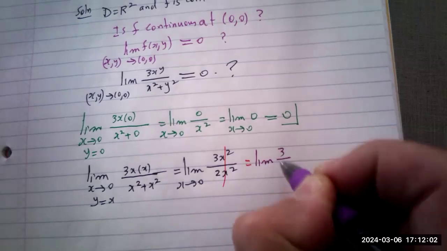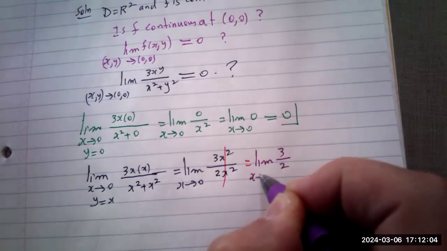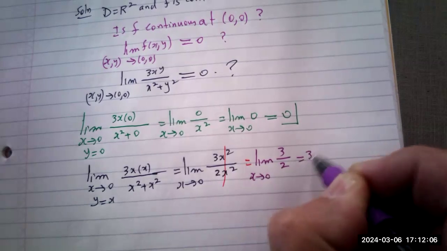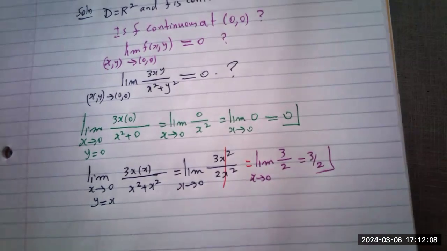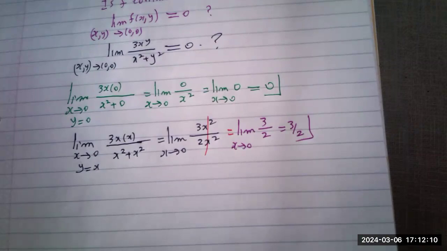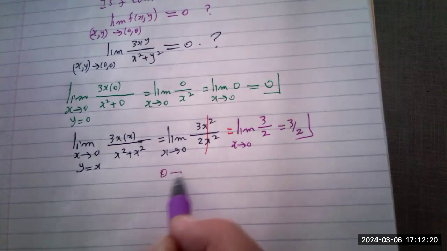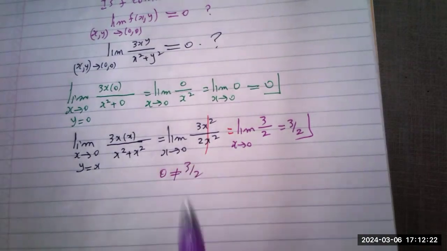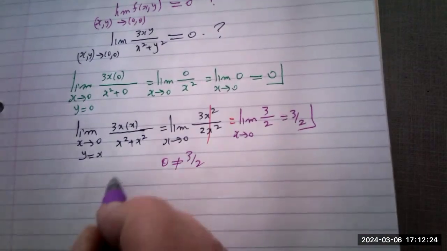The limit of 3/2, as x goes to 0, is equal to 3/2. You see? Two different directions, two different numbers. So the limit does not exist. So this means the function is not continuous at 0, 0. So 0 is not equal to 3/2.